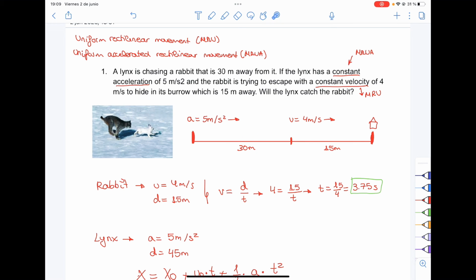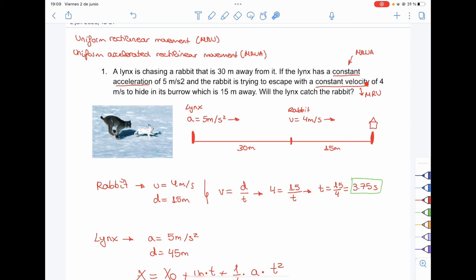Okay, and then they tell us that the lynx is chasing the rabbit with a constant acceleration of 5 meters per square second. So 5 meters per square second is the acceleration of the lynx. And then we also know that the rabbit is trying to escape with a constant velocity of 4 meters per second.